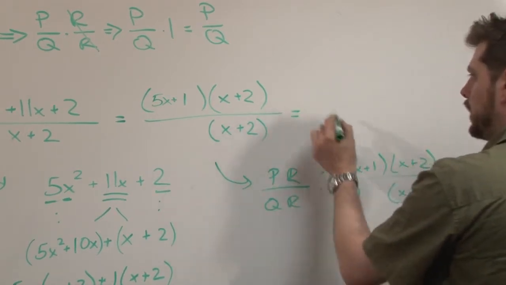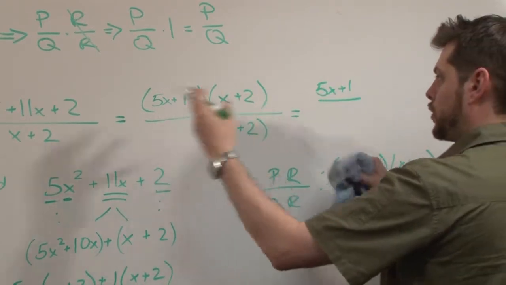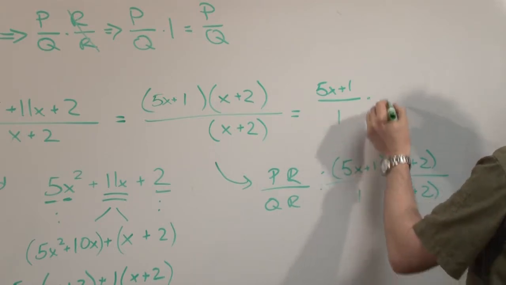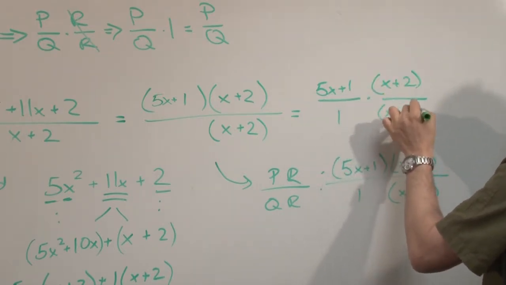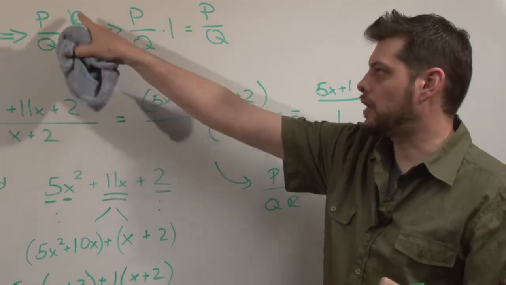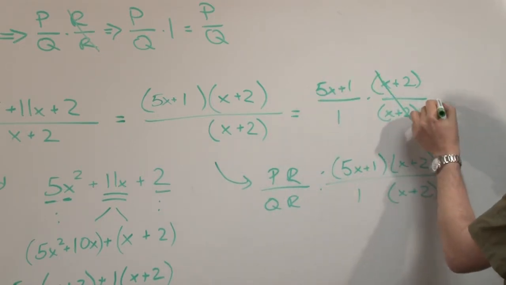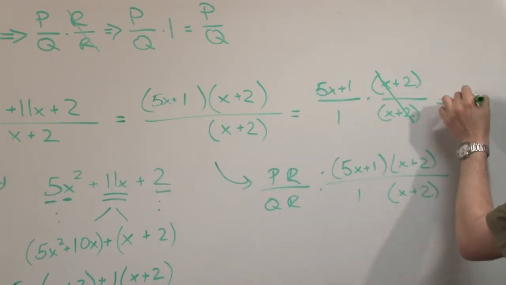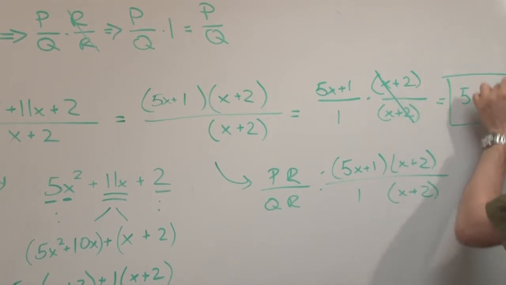And then, just to demonstrate the rules of multiplication of fractions, we note that we can pull it out, right? We're at the stage of our example where we've got R over R, which we know equals 1, so we reduce to 1. And 5x plus 1 over 1 is just 5x plus 1. And we have simplified that expression.